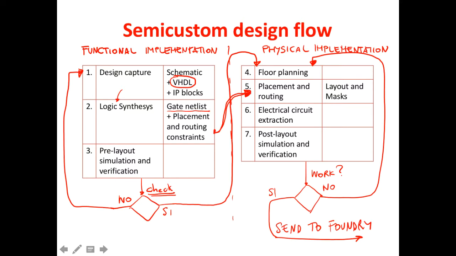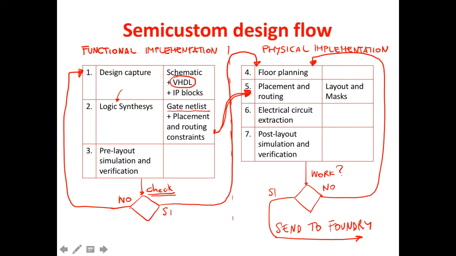For example, we can decide to use a microprocessor IP block or a specific input-output interface. Then we verify the functionality of this description with a hardware description language, typically.